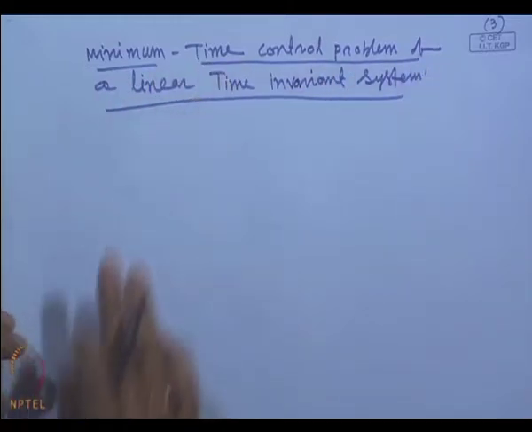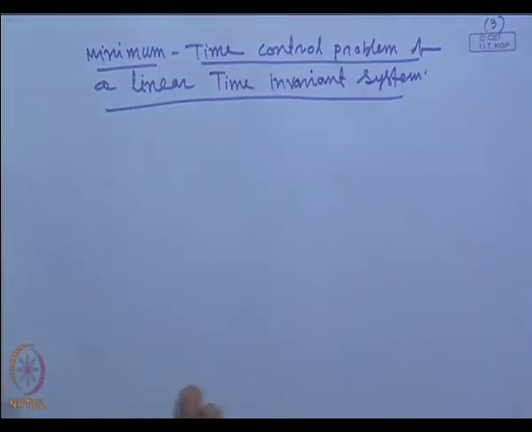By the name itself, the statement of the problem is like, they are given the system dynamic equation, our job is to find out the control sequence in such a way that we can reach from our initial state to final state within a minimum time.